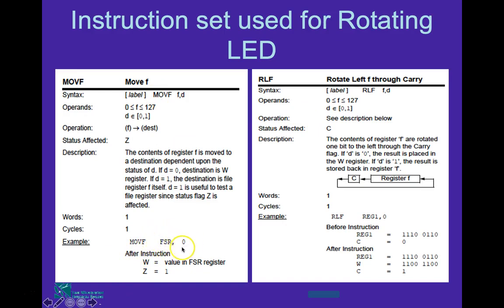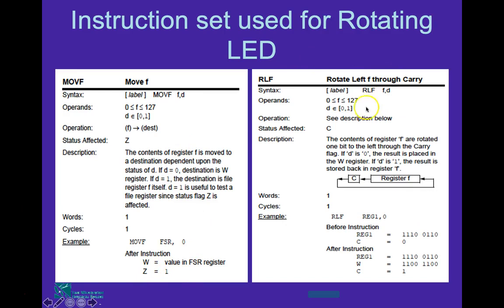Here we have defined 0, which means the content of the FSR will be moved to the working register. So after the instruction, W equals the value in the FSR register, and in this case the status flag affected is Z.